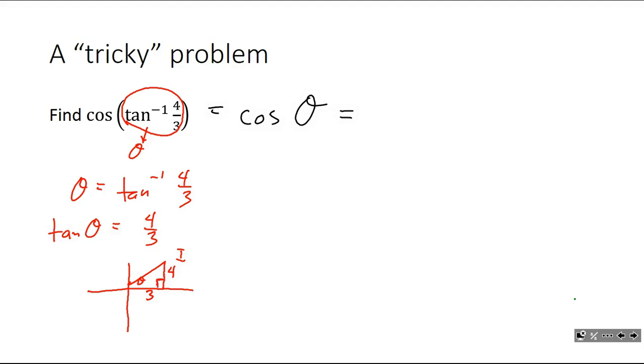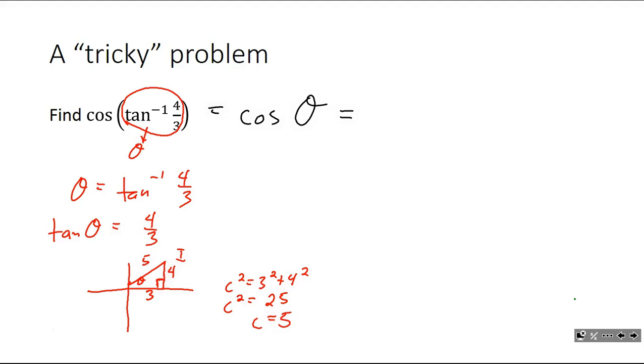Let's use the Pythagorean theorem to find the hypotenuse. C squared would equal 3 squared plus 4 squared. That's 9 plus 16, which is 25. So C would equal 5. I'll put it on the diagram. So we have a 3, 4, 5 triangle.